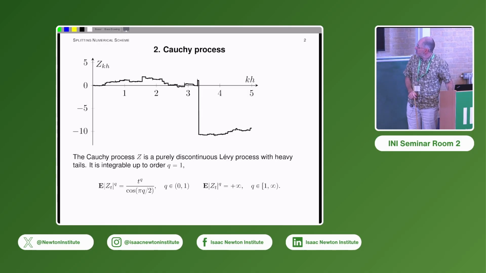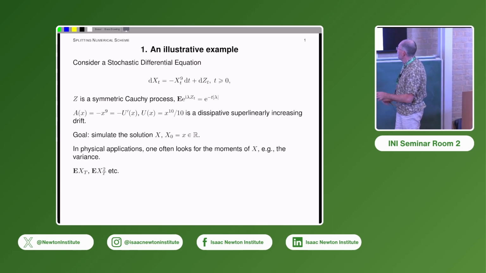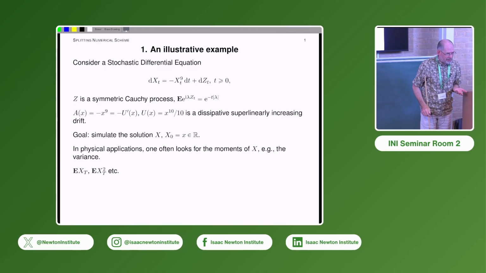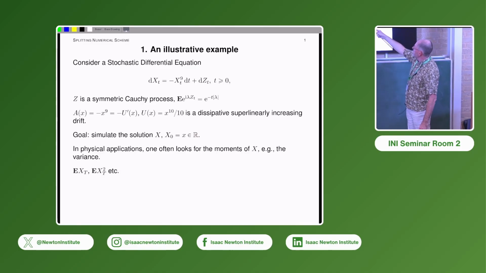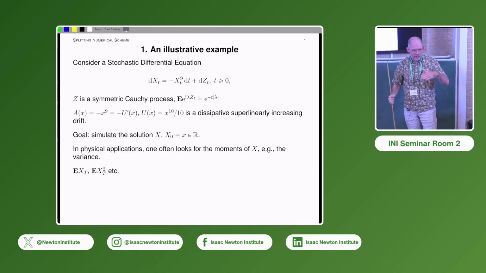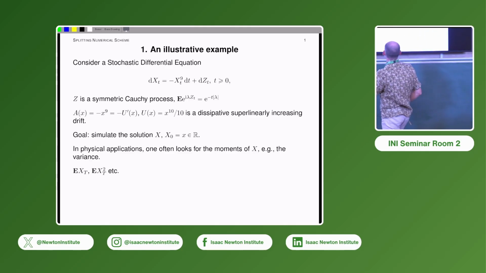Now you can ask the general question before you start simulating: what can we expect from this equation at all? Do the moments exist? People very often argue that the moments of the solution x do not exist for orders larger than 1, by a very simple argument, which is wrong.